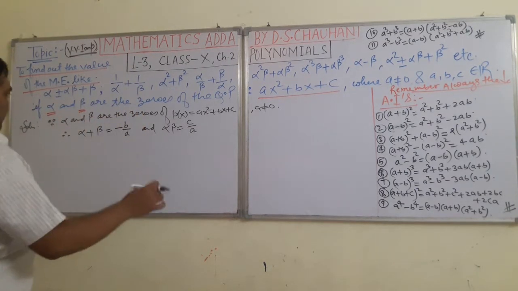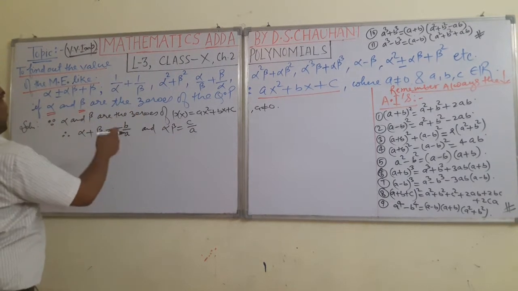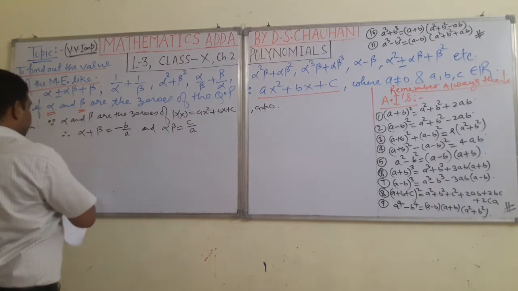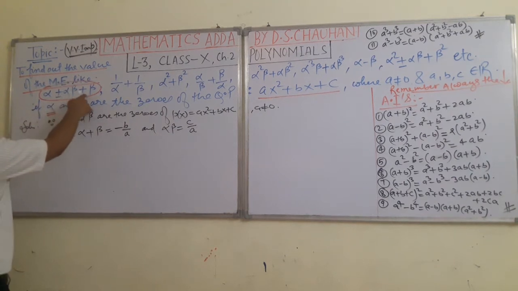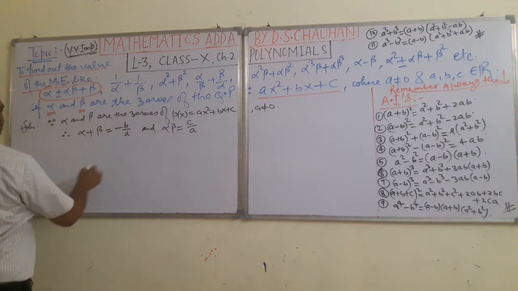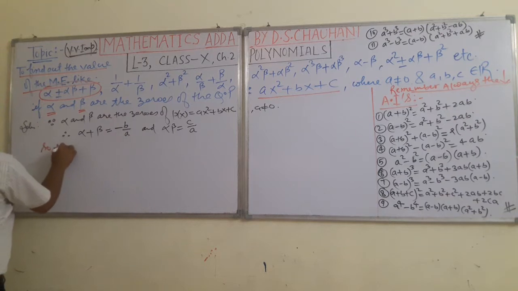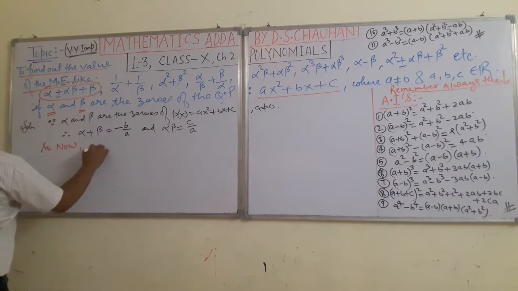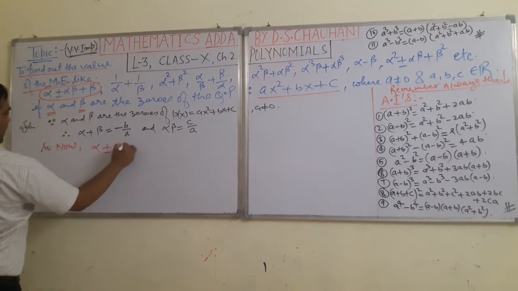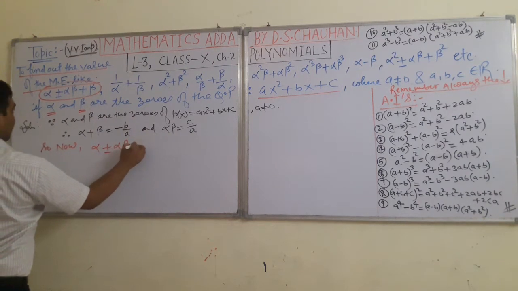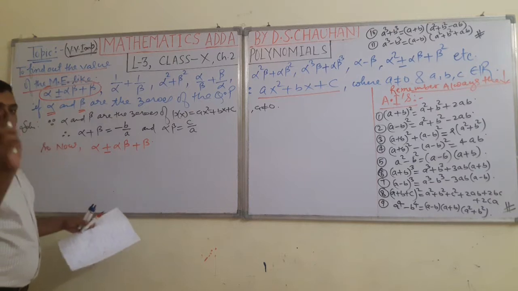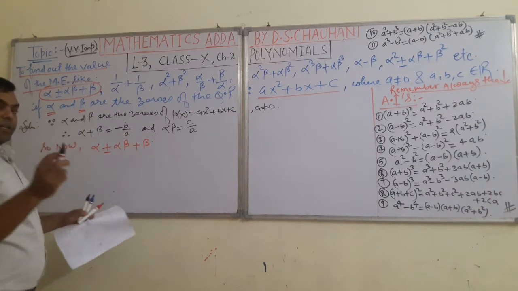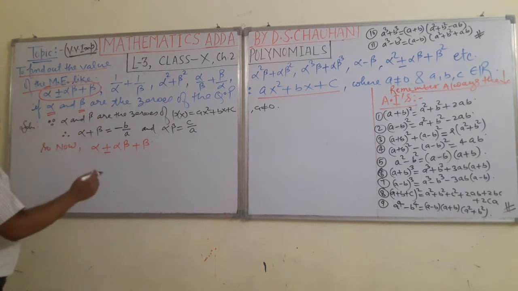Suppose students, with the help of this you have to find the value of the expression alpha plus minus alpha beta plus beta. So now, alpha plus minus alpha beta plus beta we have to find. Students, see how to find. Try to understand.